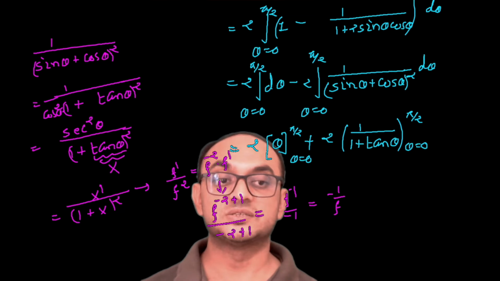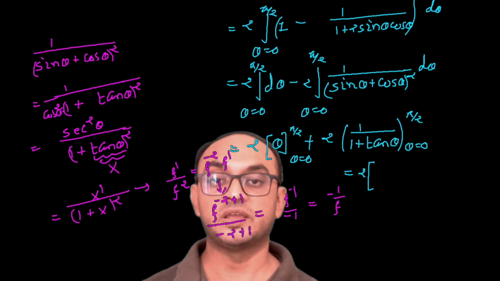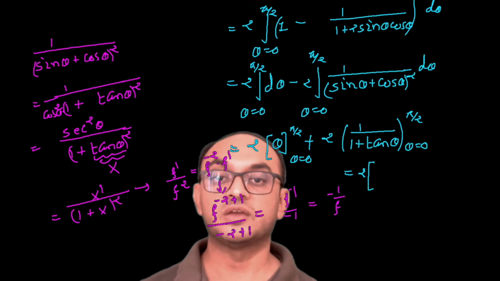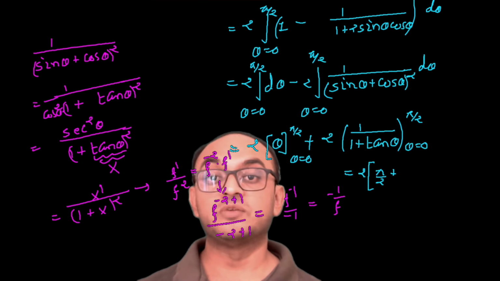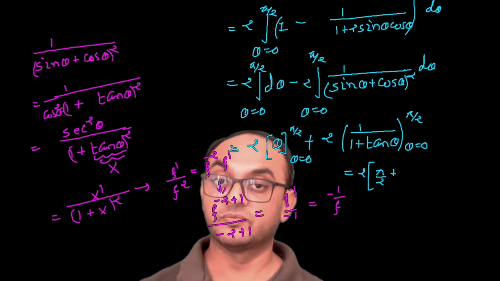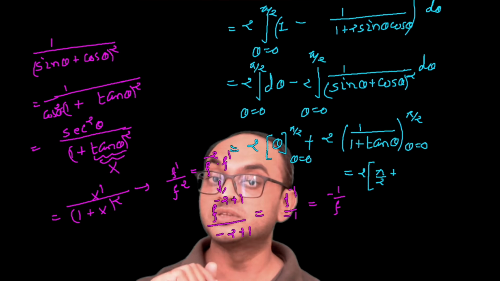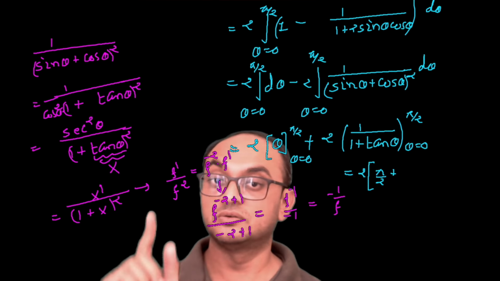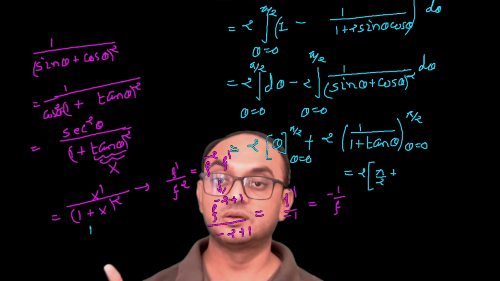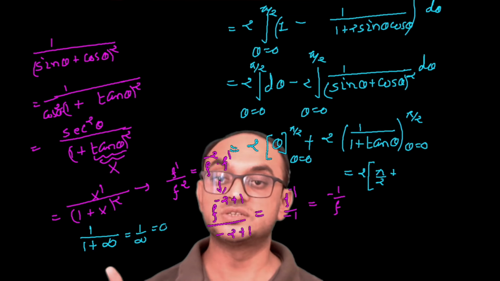And so this is equal to 2 times: when theta equal to pi by 2, this is pi by 2 plus, when theta equal to pi by 2, what is tan theta? You know that tan pi by 2 is infinity. So 1 upon 1 plus tan pi by 2 is 1 upon infinity, which is 0.